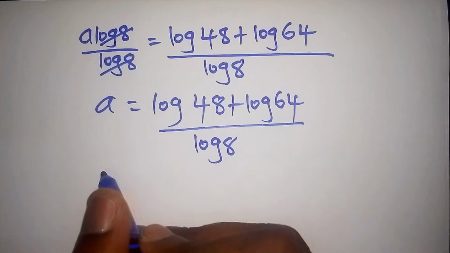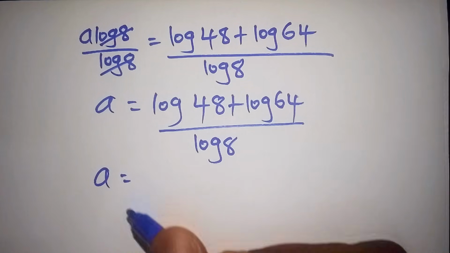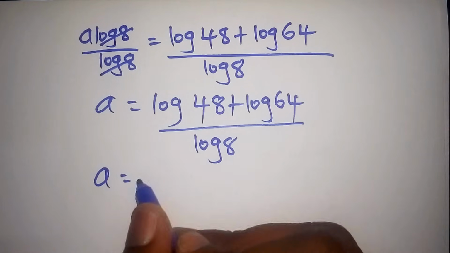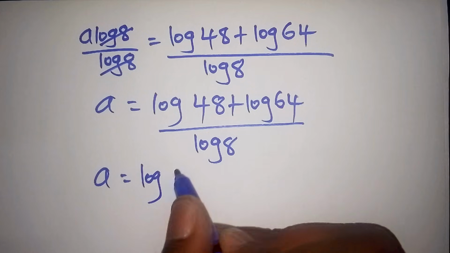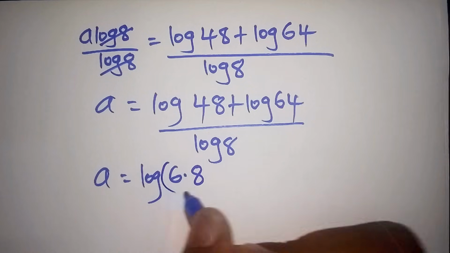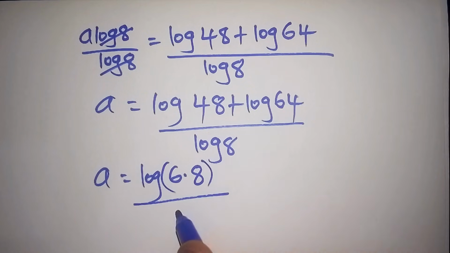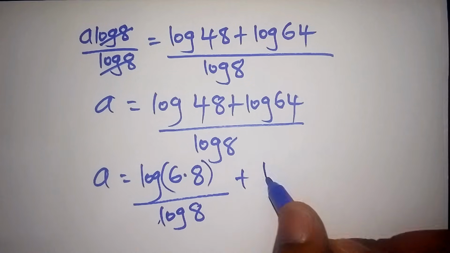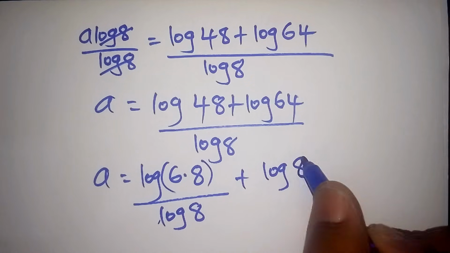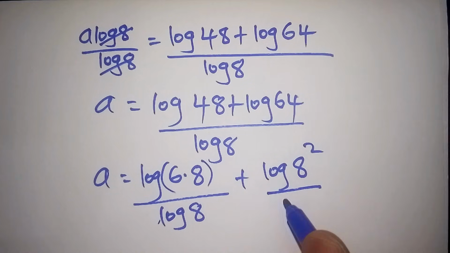The log of 48 can be written as the log of 6 multiplied by 8, all over the log of 8, plus the log of 64, which can be written as the log of 8 to the power of 2, all over the log of 8.